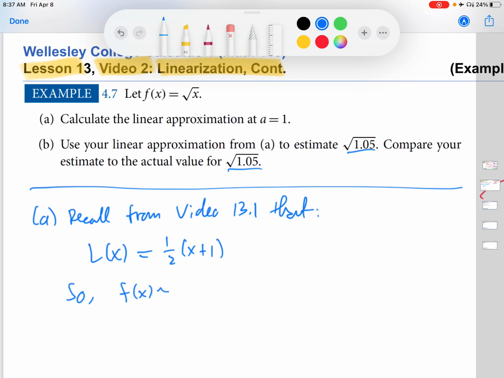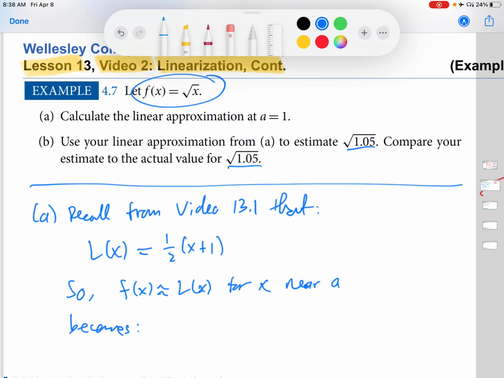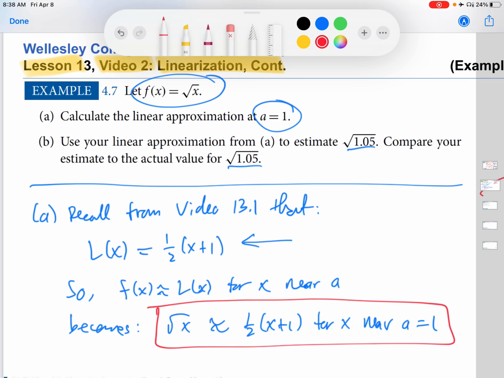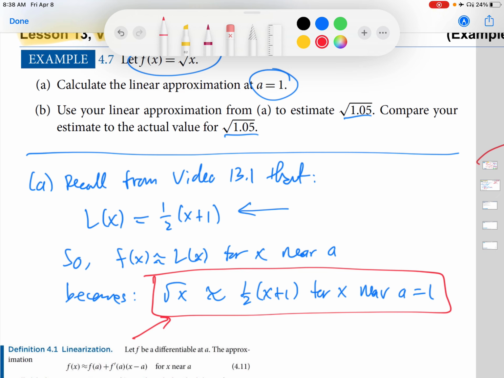The linearization idea, f of x is approximately its tangent line for x near a, becomes, in this case: square root of x is approximately the tangent line, 1/2 times (x plus 1), for x near a, and in this case a is 1, so for x near 1. So this is the answer to part A. We have expressed square root of x as an approximation by a linear function, which is a tangent line, near a specific x value, x equals 1.